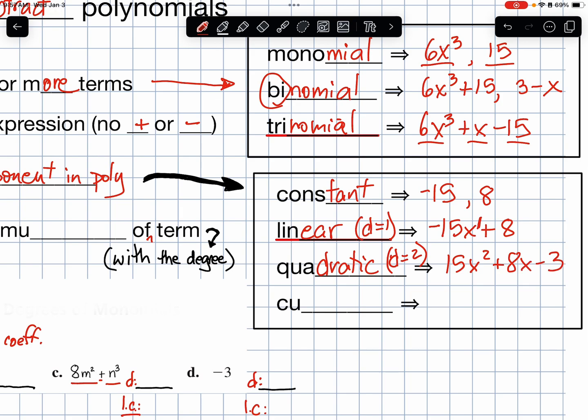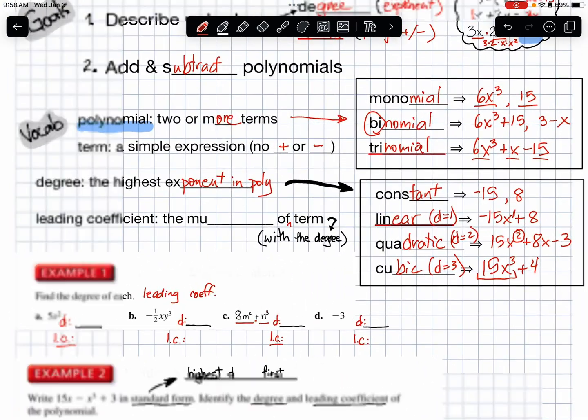There is now a quadratic because it's got a power of 2, is the highest. And as you might guess, the next one would be a degree of 3. So 15x cubed. Now that's all I need. I can say plus 4, doesn't really matter. This here makes that expression cubic. Doesn't really matter how many terms there are in the problem, just what is the degree, the highest degree.